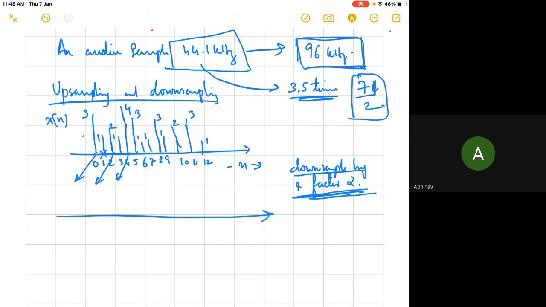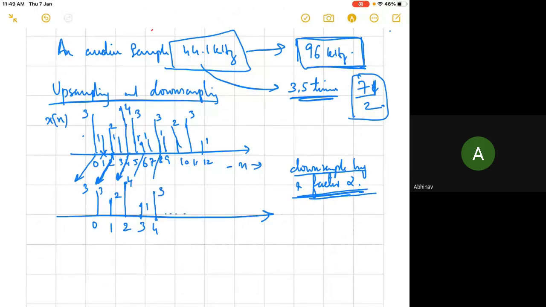So basically, your new signal will be 3. At 0 you have 3, at 1 you have whatever you have at 2, that is 2. At 2 you have whatever is at 4, which is 4. At 3, whatever you have at 6, that is 1. Okay. And at 4, you have whatever is at 8, that is 3.